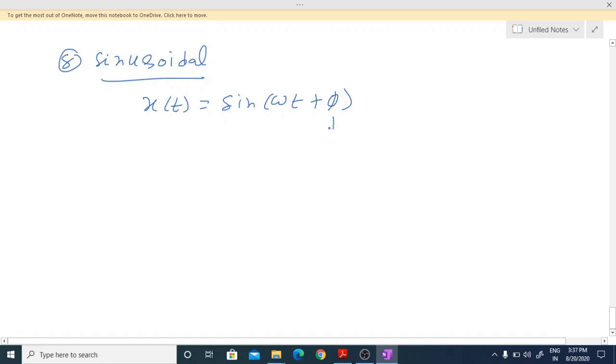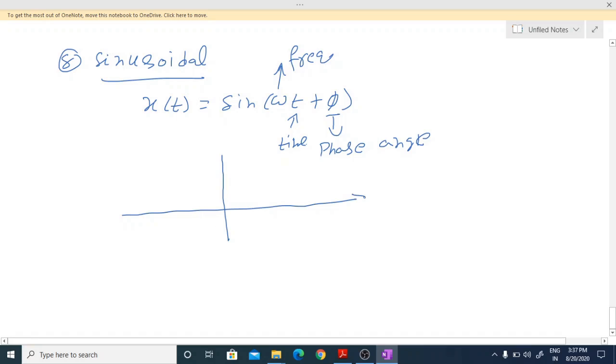So here phi is the phase angle and omega is the frequency and t is the time, and depending upon the phase angle the given signal may be either a sine signal or a cosine signal, and the corresponding sinusoidal signal will be drawn as follows.